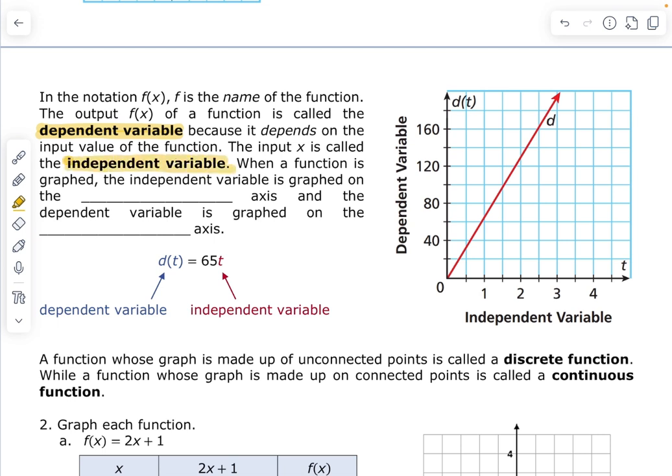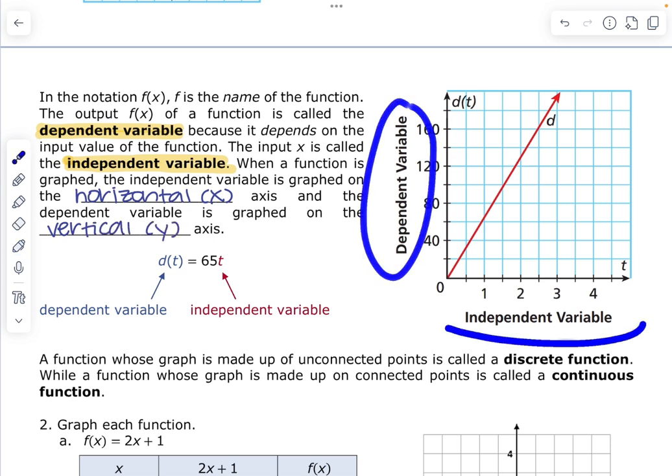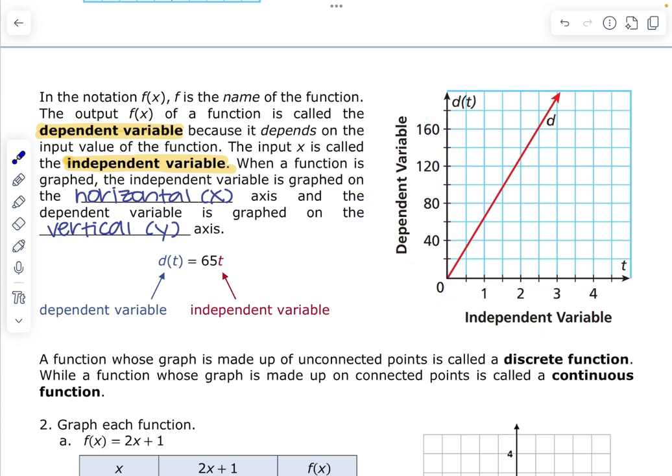When a function is graphed, the independent variable is always graphed on the horizontal or the x-axis. And the dependent variable is always graphed on the vertical or the y-axis. Okay, and you can see that that is labeled over here in our graph as well.